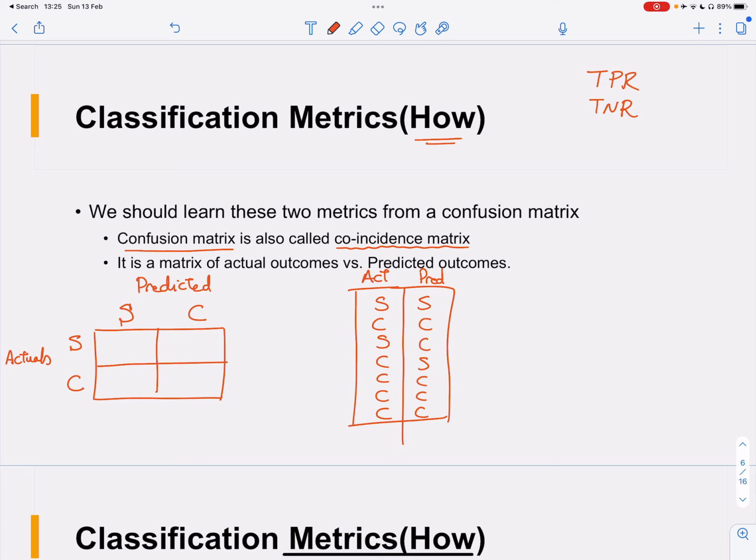How many times the actual value was sunny and our model predicted it as sunny? So this is one, and that's all. So we write one here. How many times the actual value was sunny and our model predicted cloudy? This is it. So one here.